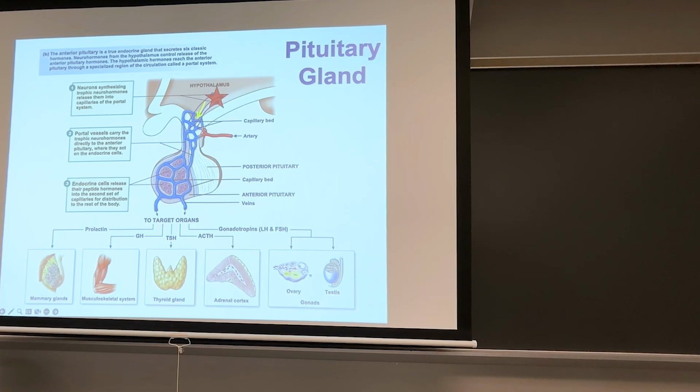These are called releasing and inhibiting hormones. So they'll be called hypothalamic releasing and inhibiting hormones that are going to cause either the inhibition or the release of the hormones from the endocrine cells that make up the anterior pituitary.